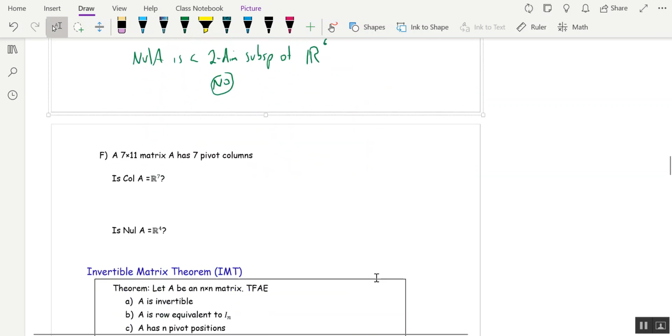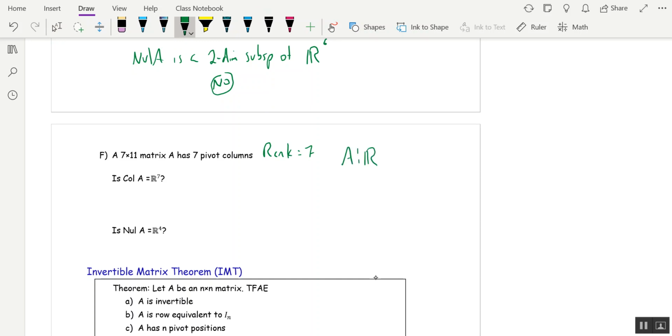Let me show you when you can answer yes. Suppose A is 7 by 11 and A has 7 pivot columns. So the rank of A is 7. And A maps R11 to R7. So col A, we're told, has dimension 7, so it is a 7-dimensional subspace of, col A lives over here, R7.